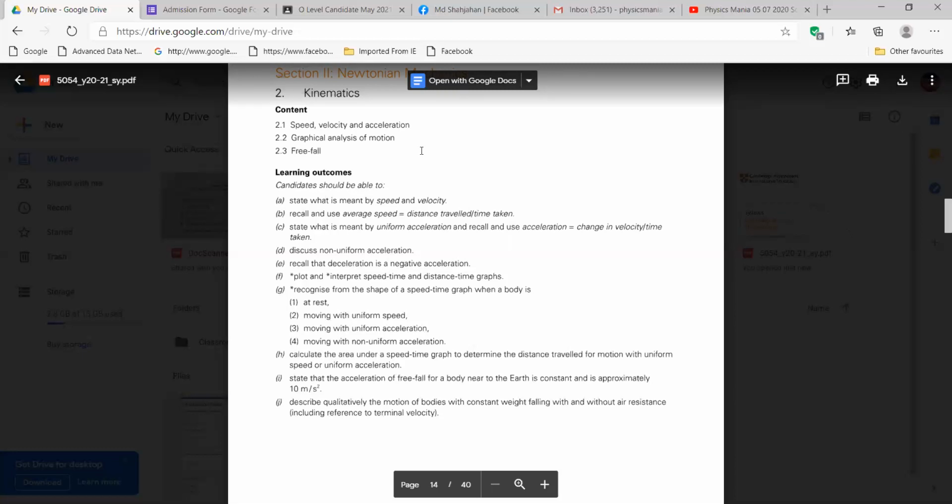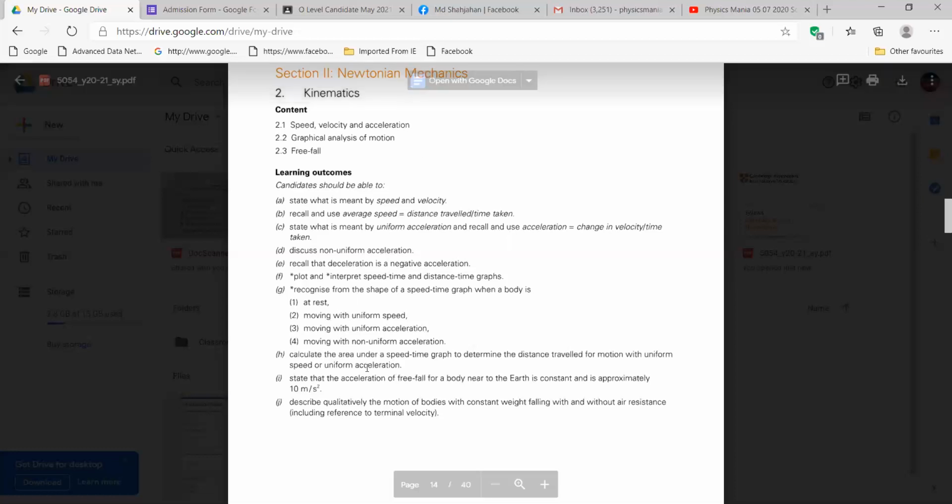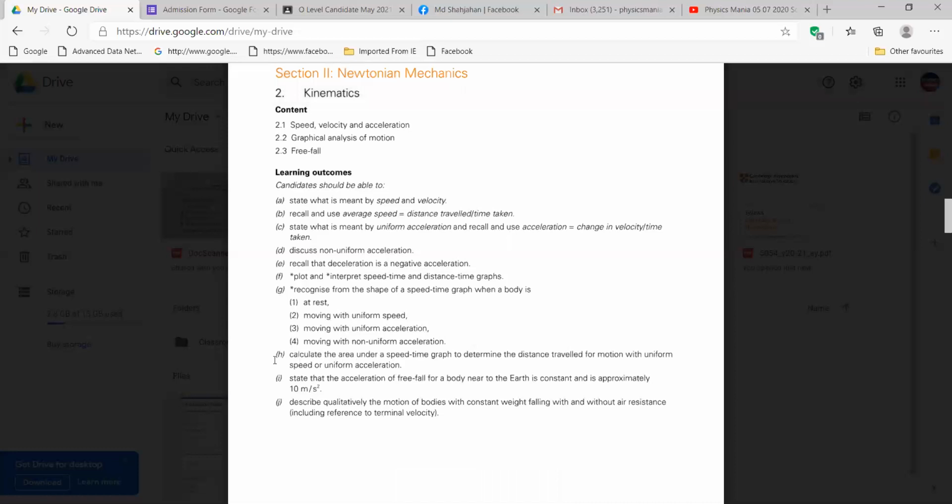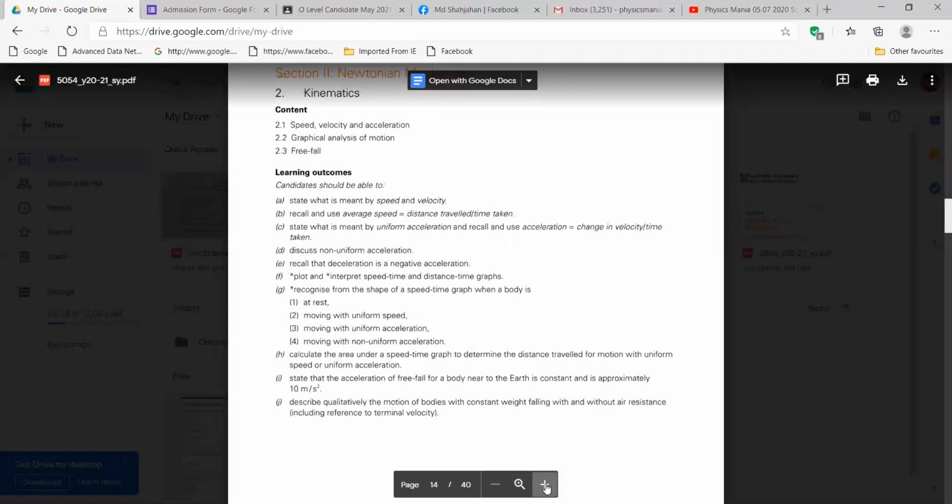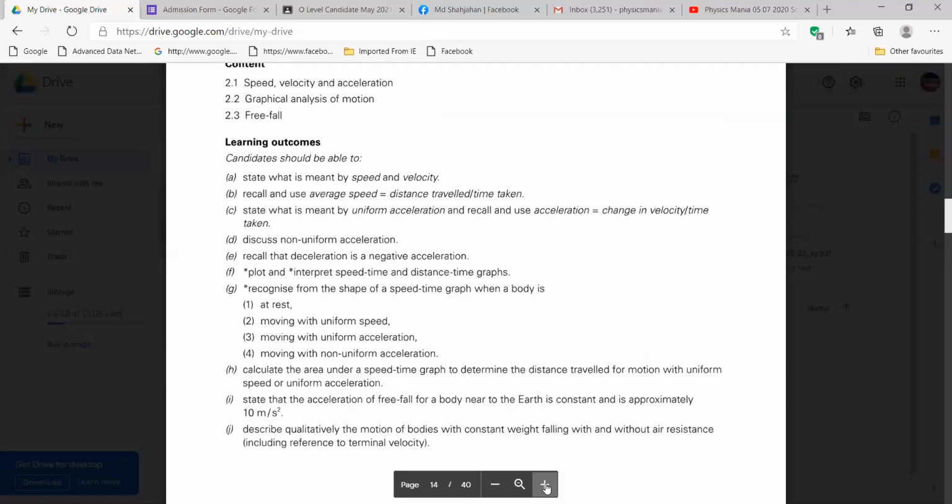Also, we will have some calculations on the graph. In a speed time graph, we will have the area under the graph, right? The area under the graph is giving you, here you see, learning outcome H: calculate the area under the graph. Now it's clear to you, right?